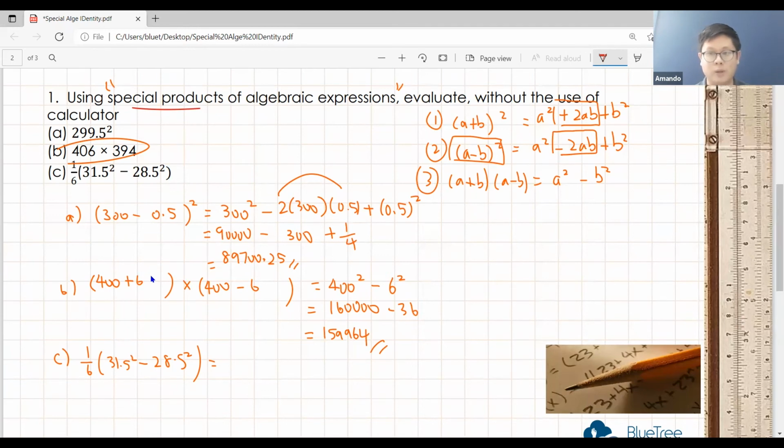And the easy number will basically come from thinking about 31.5 as well as 28.5. Both of these numbers are close to which easy integer? What number can you think of? Probably 30, right? 30, yes. However, if you were to split this up into, let's say, 30 plus 1.5 squared, some of the students might be doing this method.